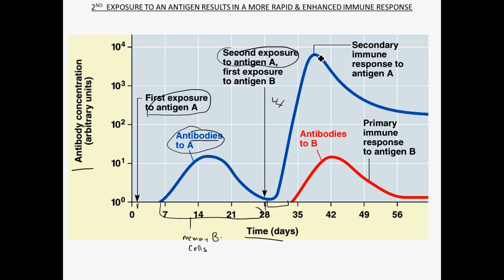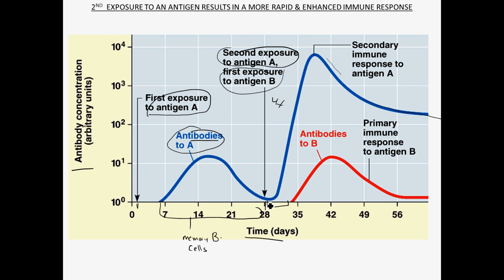Then over time, the antibody level will drop down, but it does not drop all the way back to 0 where it was before. You get this tailing off, and that continues. But on the second exposure, you get a massive increase of these antibodies. Let's say a little bit later, you get the first exposure to antigen B. This is a different antigen.